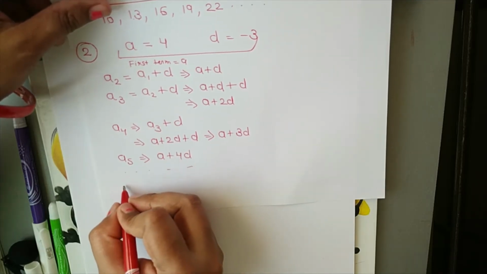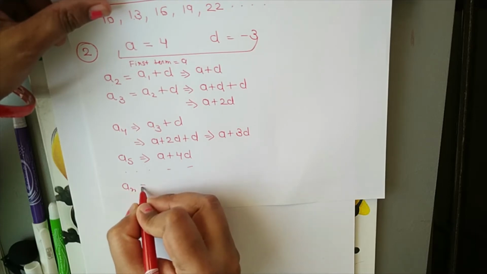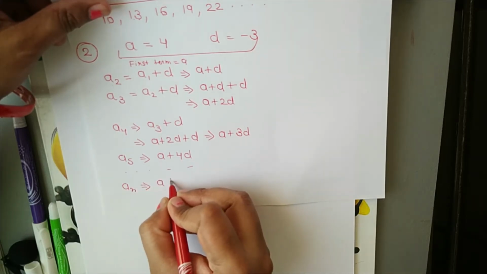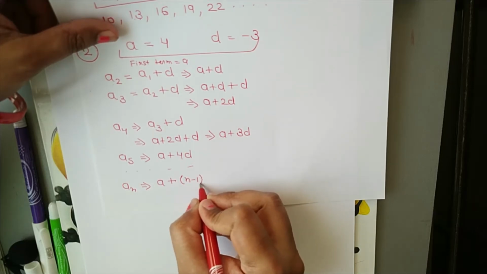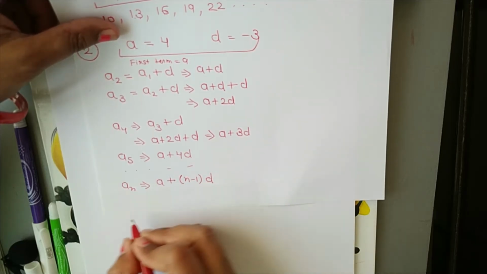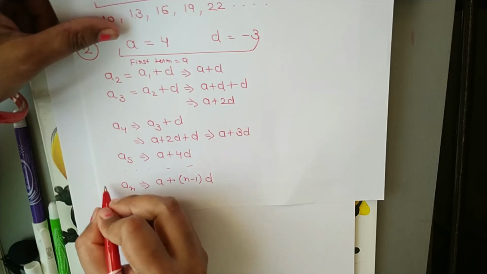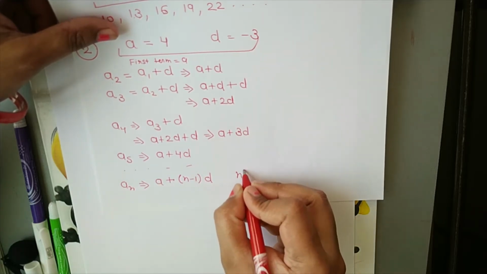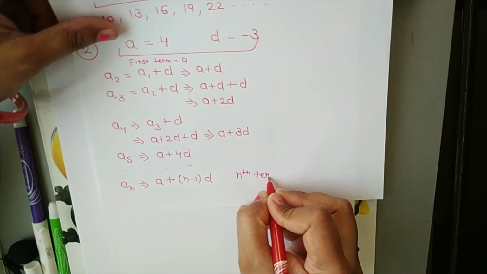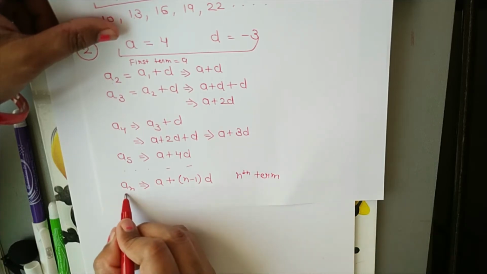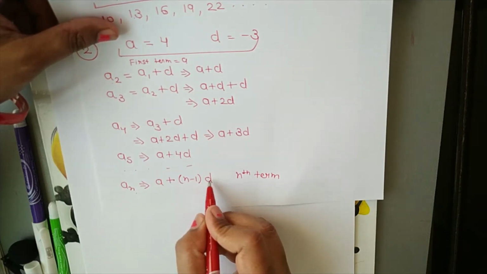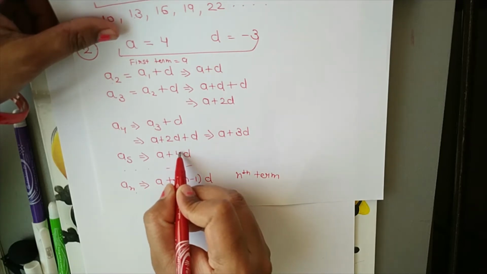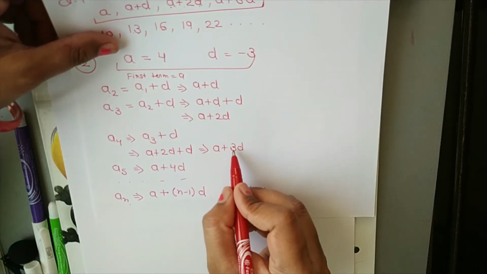Similarly, you can write an. an is what? a plus n minus 1 times d. So this is the nth term. The nth term will be an is equal to a plus n minus 1 d. Here, for the 5th term this is 5 minus 1, which is 4, and for the 4th term it is 4 minus 1, that is 3.